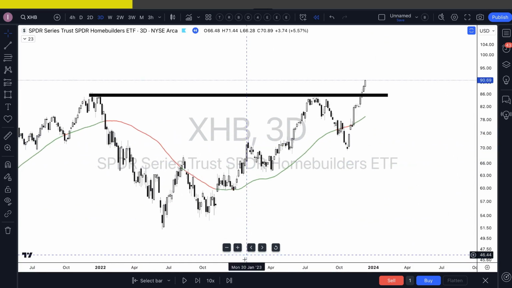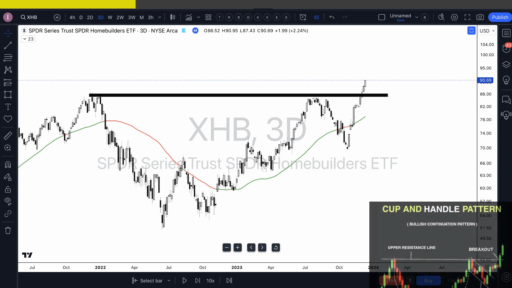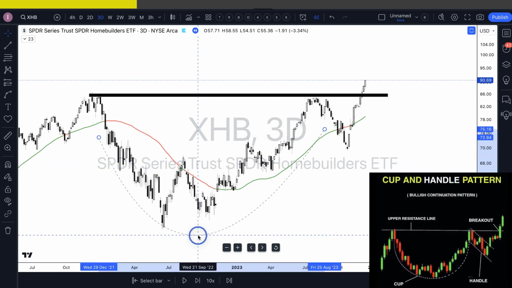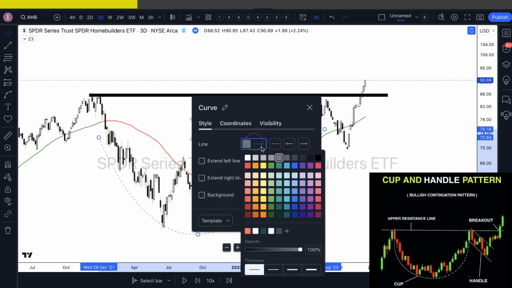I haven't mentioned this pattern, but I want to say this real quick. Do me a favor. I want you to GPT what a cup and handle is. So for example, here is the cup, right?